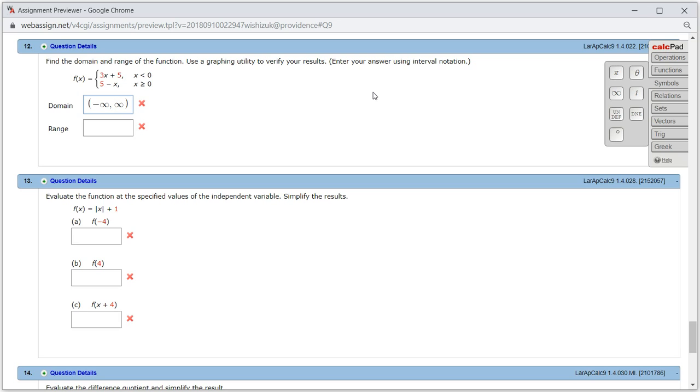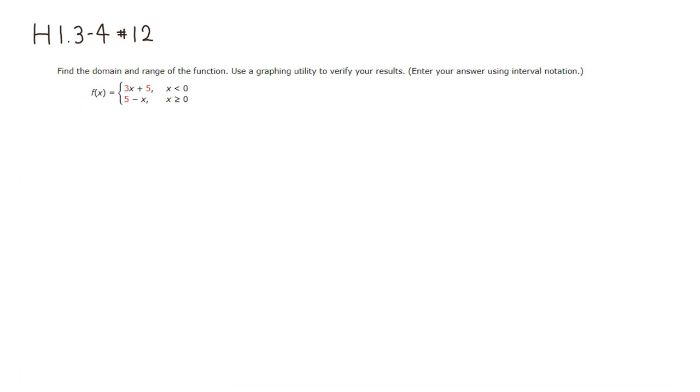But the range, you kind of have to know what the graph looks like. So let's sketch this graph. Here is the x-axis. Here is my y-axis. Then we just need to sketch the rough picture.